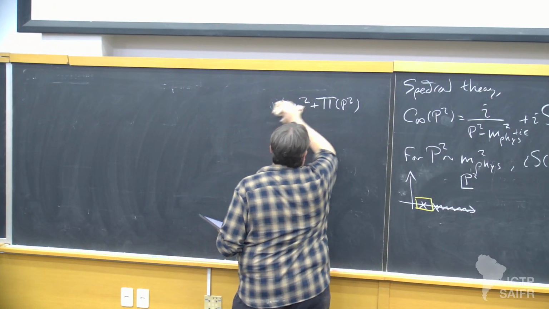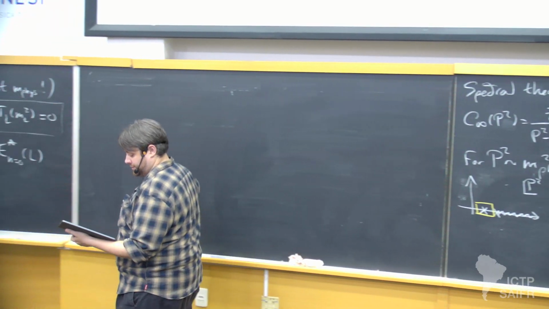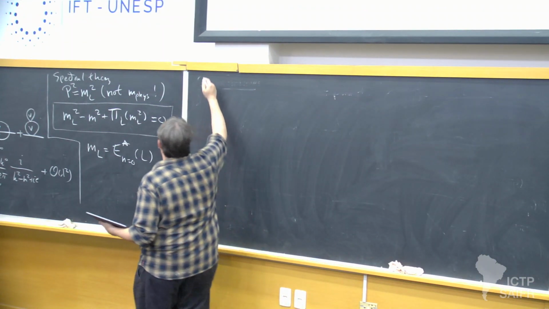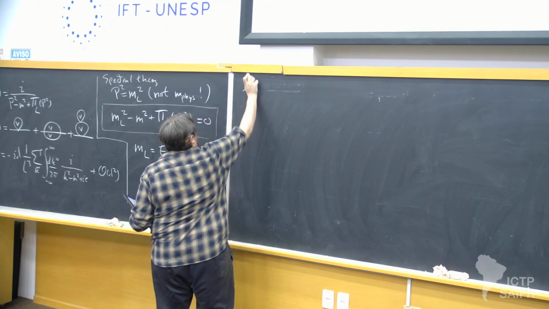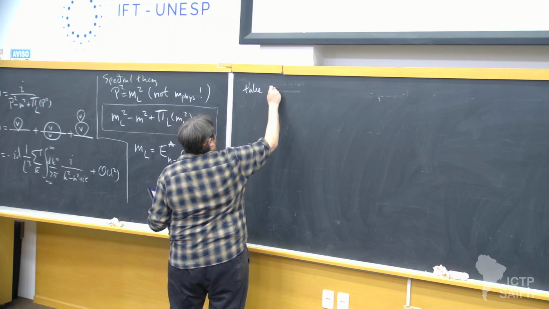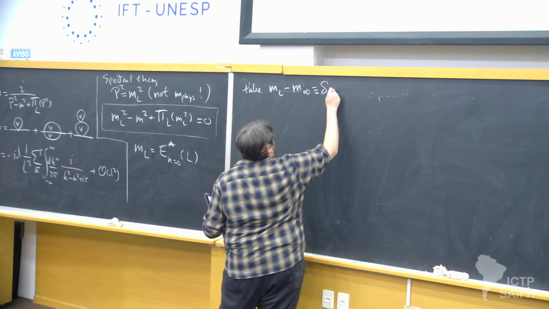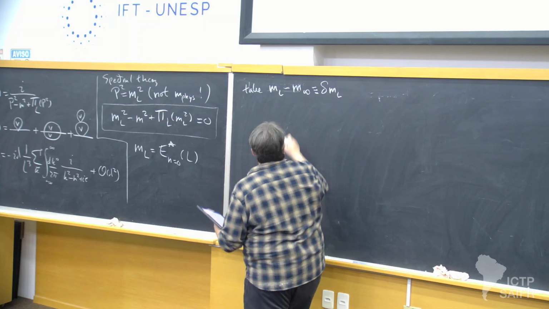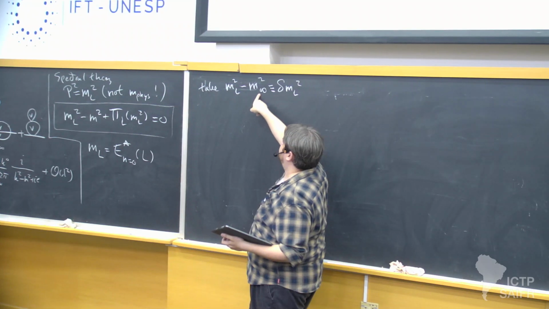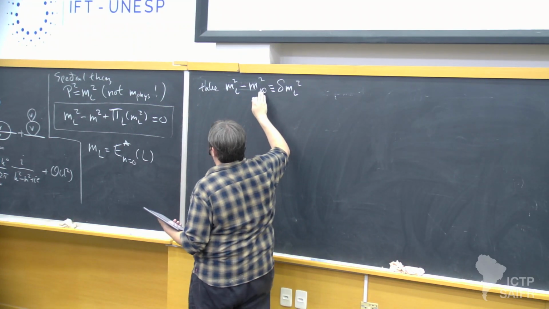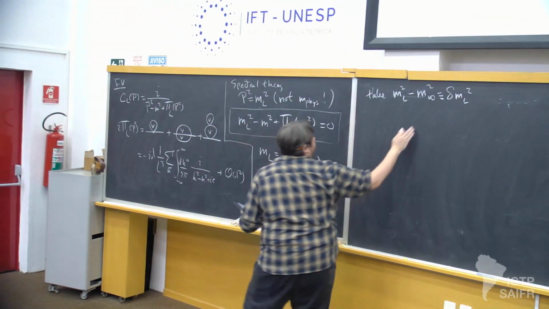So we can take the difference of the correlators to look at the finite volume correction, and if you do it that way, you'll also get this relationship. Oh, I want squares. So we're going to take the square of the finite volume mass minus the square of the infinite volume physical mass.